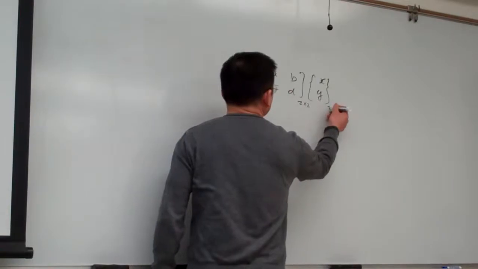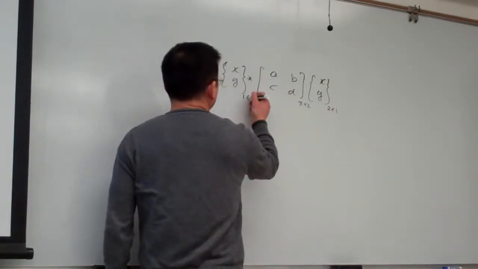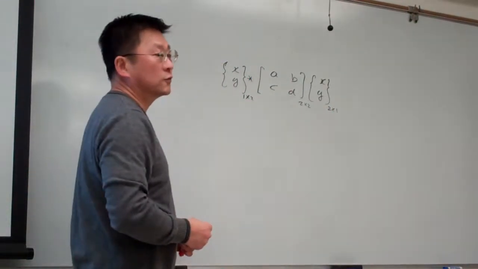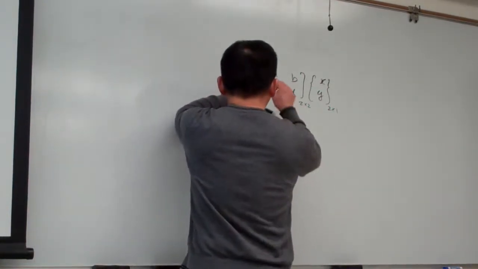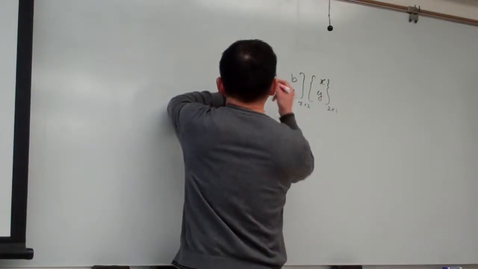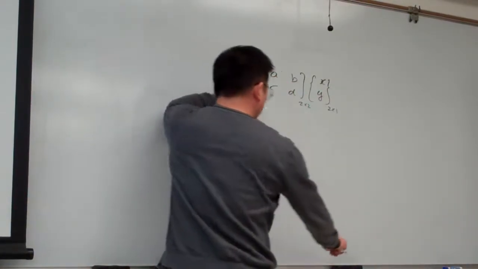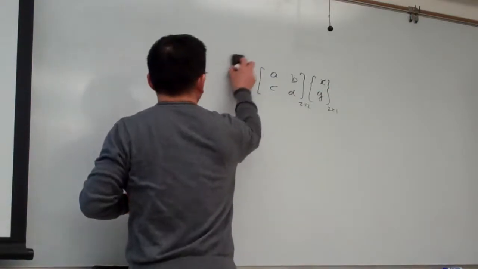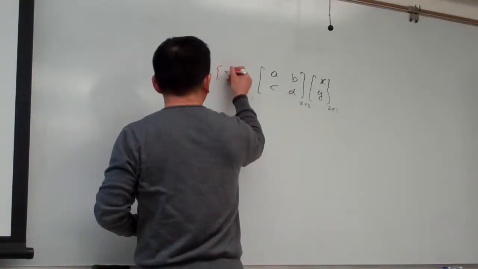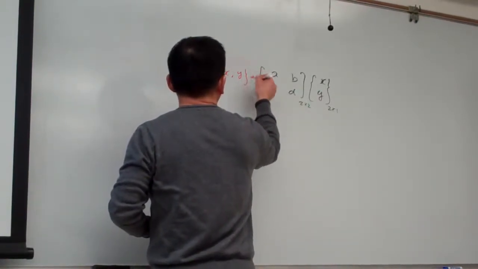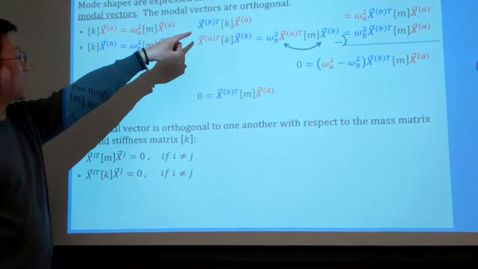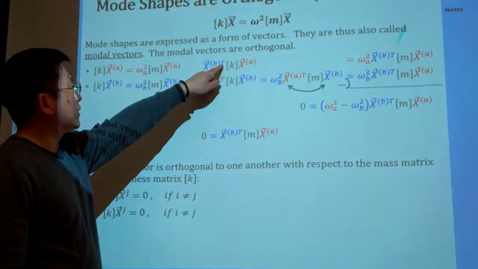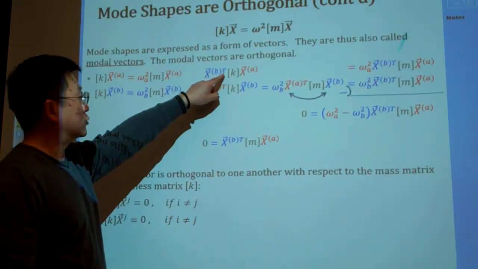This is 2 by 2, and this is 2 by 1. To make that happen, this one must be 1 by 2, but apparently this is 2 by 1. So if you transpose this one, that will make the dimensions consistent. So that means this will be equal to xy. You have to arrange it in the right way. So when we do the linear algebra here, when I say pre-multiply, I put the superscript T.